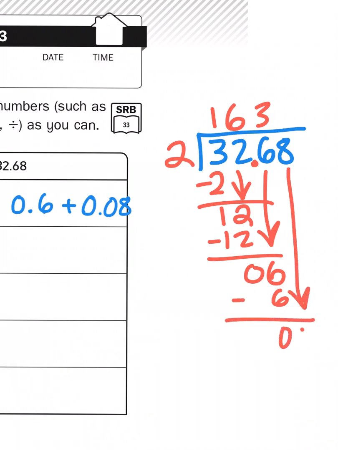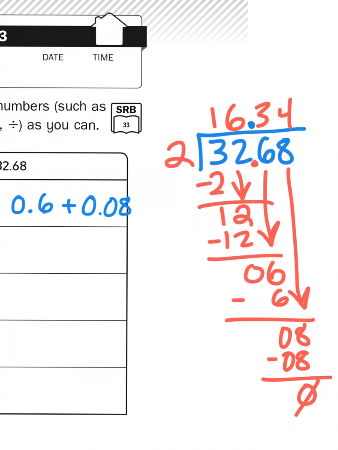As you can see, I'm going to have an even quotient with no remainder. If I divide 3,268 by 2, I would get an answer of 1,634. But since we're dealing with a decimal point here, 32 and 68 hundredths is divisible by 2 because I get a quotient of 16 and 34 hundredths.